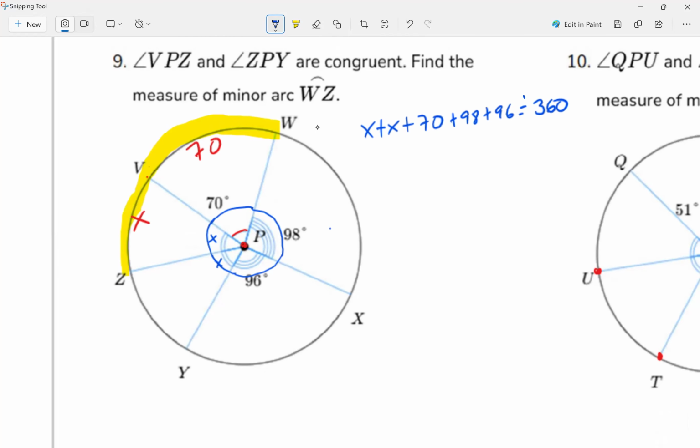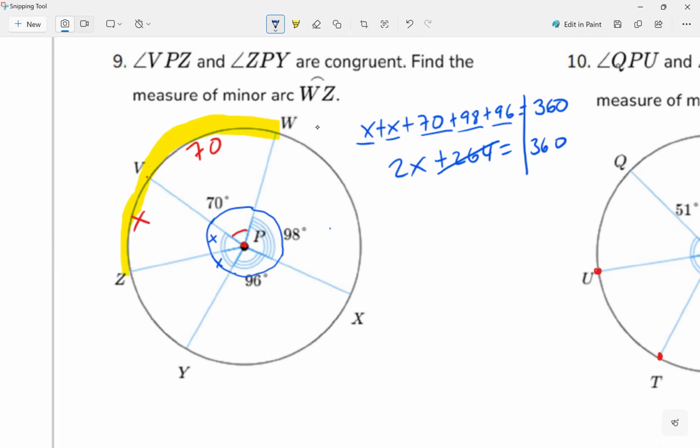To make it easy, I'm going to separate my sides with the equal sign. When it comes to letters, 1x plus 1x, I call that 2x. When it comes to just numbers, 70 plus 98 plus 96, use a calculator if you need to. It happens to be 264. So let me write this as plus 264, and this is equal to 360. To get the 2x by itself, I want to get rid of this plus 264.